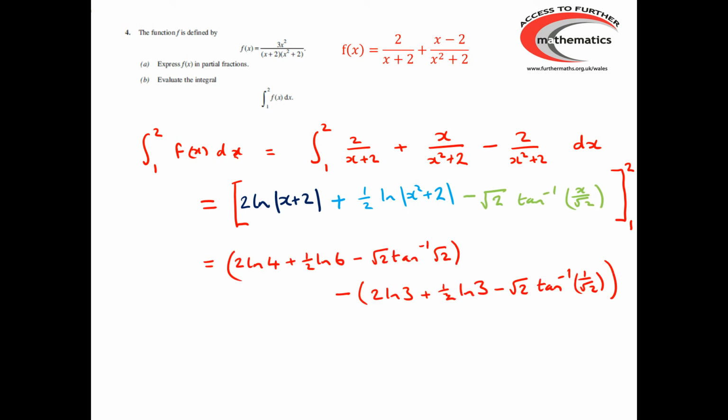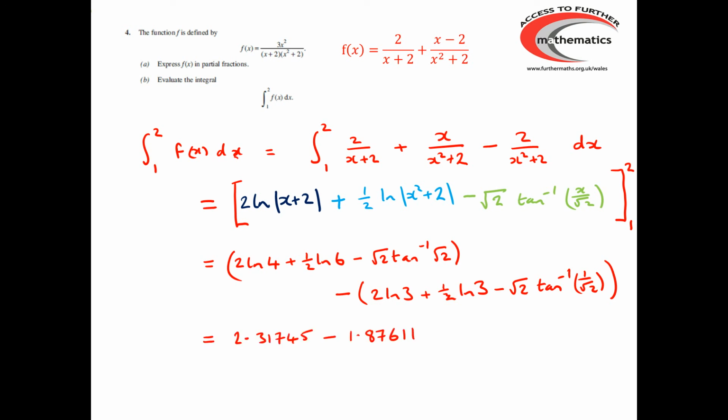If we insert the limits, we obtain 2 ln 4 plus a half ln 6, take away root 2 tan to the minus 1 of root 2. Take away, when we put x equals 1 in, we obtain 2 ln 3, add a half times the natural logarithm of 3, minus root 2 tan to the minus 1 of 1 over root 2.